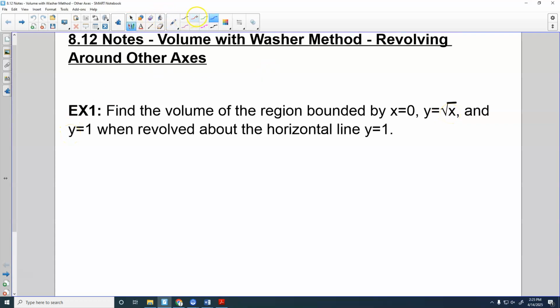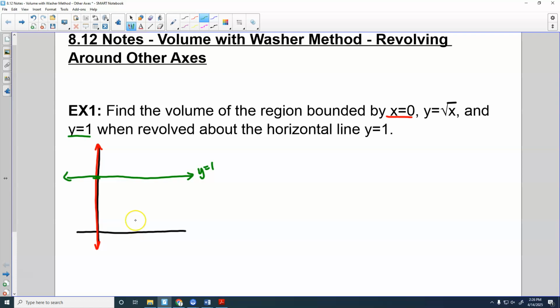This is going to be first quadrant stuff, because square root of x only exists in the first quadrant anyway. x equals 0 is just the y-axis. y equals 1 is just a horizontal line right here at y equals 1. And then the graph of y equals square root of x.